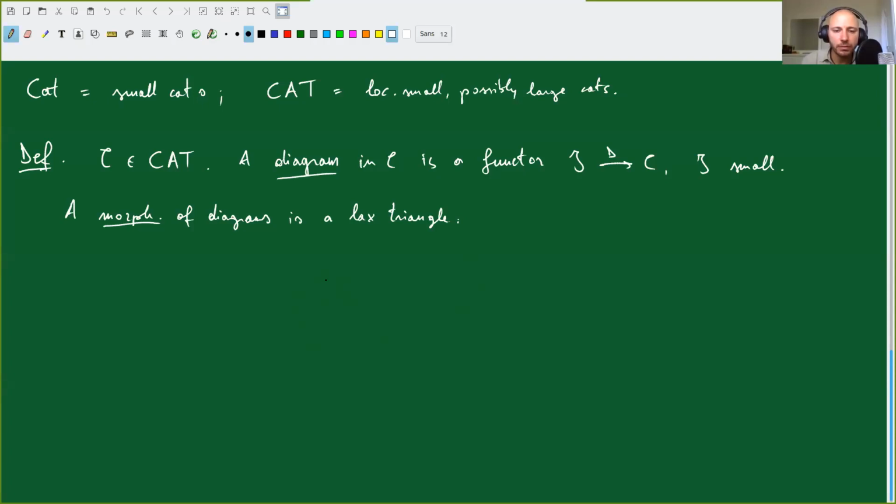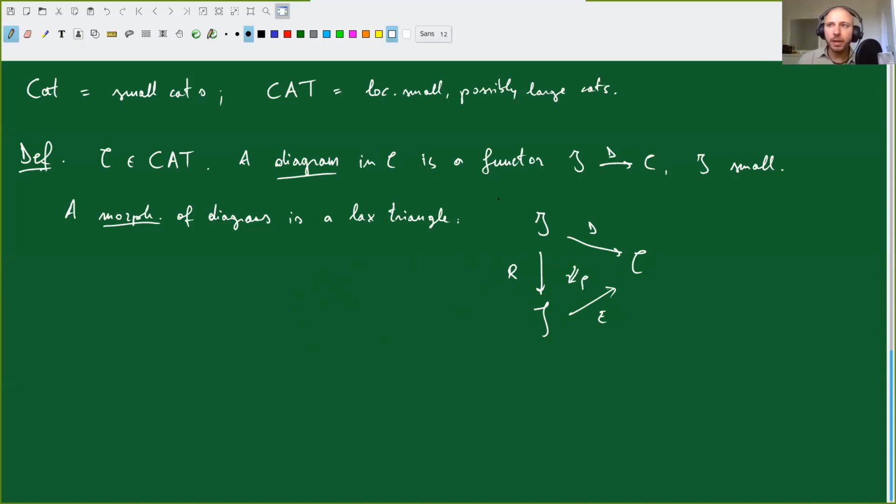So we have D, we have another diagram from a different category, possibly J. Then a morphism of diagrams consists of, first of all, a functor here, but also a natural transformation here. Okay?